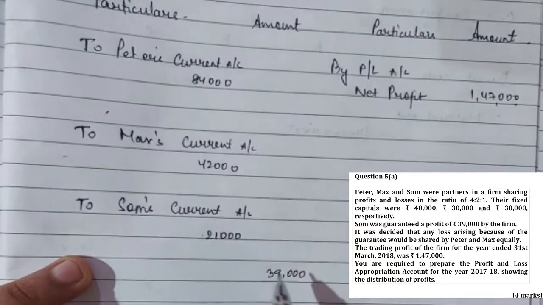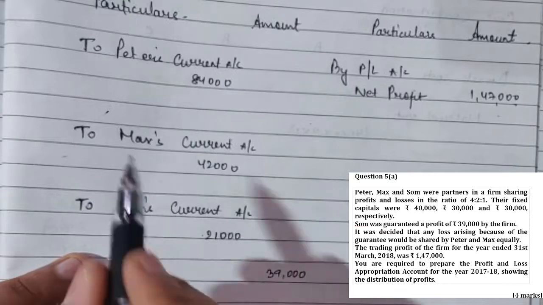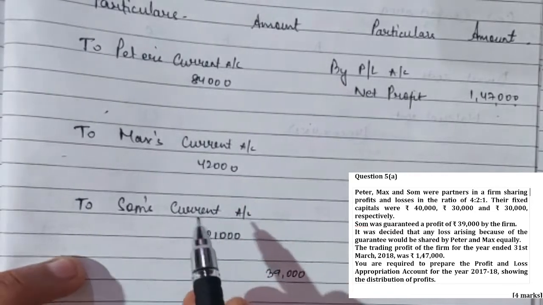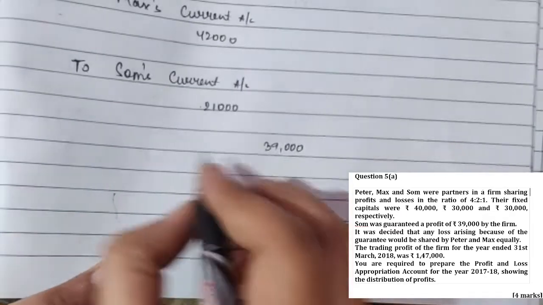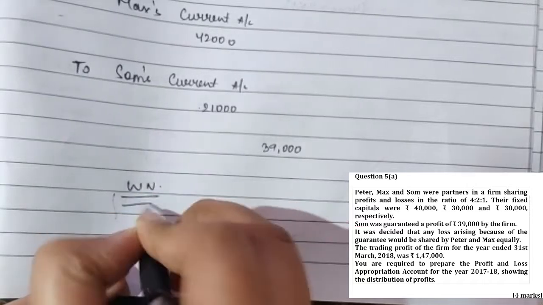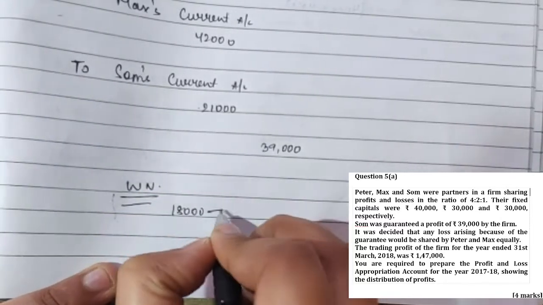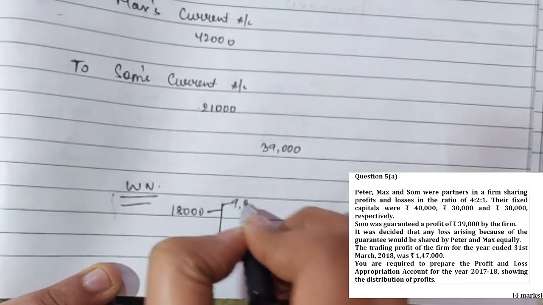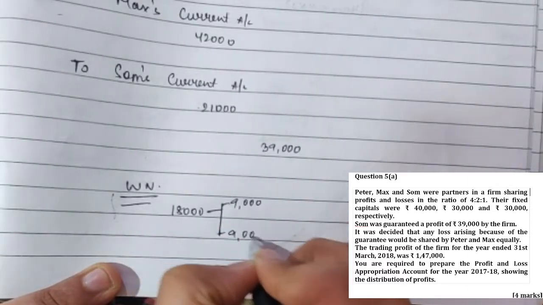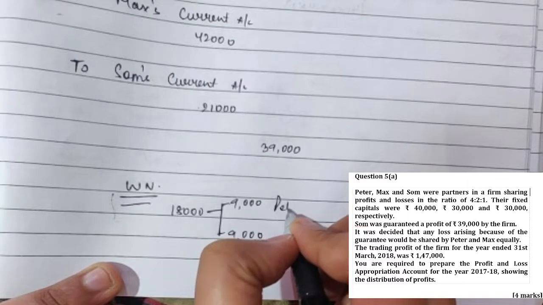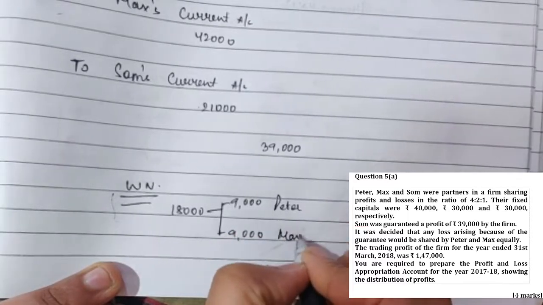It is given in the question that the deficit will be shared equally by the two partners. That is, the deficit is 18,000. It will be shared equally as 9,000 and 9,000 between Peter and Max.